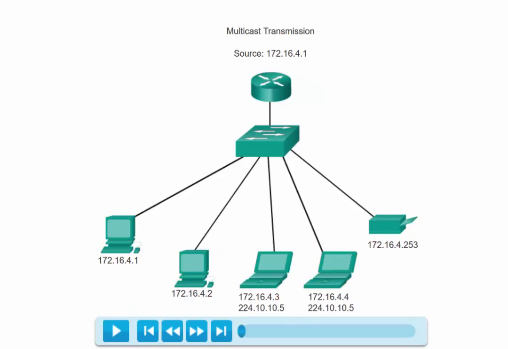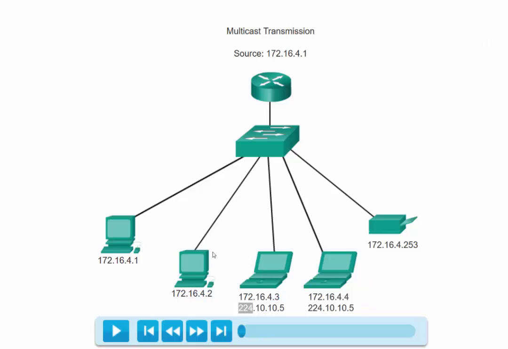Multicast transmission uses a special type of address, which usually starts from 224. A 224 address represents a special class of address, which is the multicast address. In that case, these two hosts are part of the same multicast group, which is 224.10.10.5.